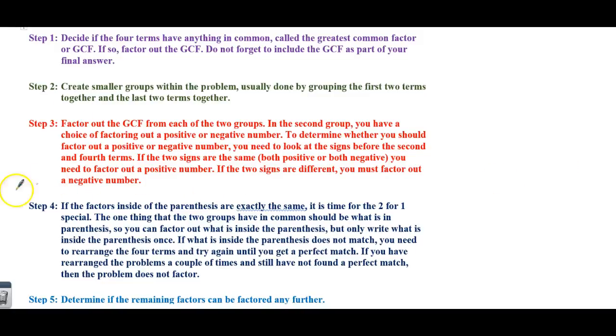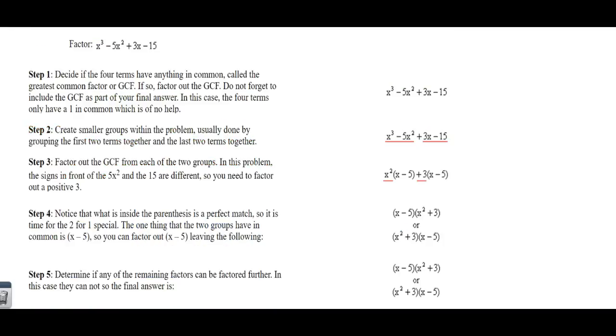Read them carefully, then resume your video. Okay, now let's apply the 5 steps to the following example.